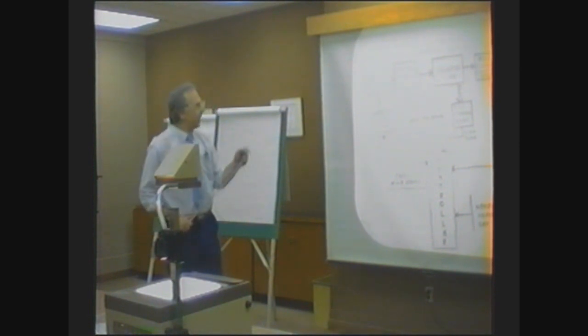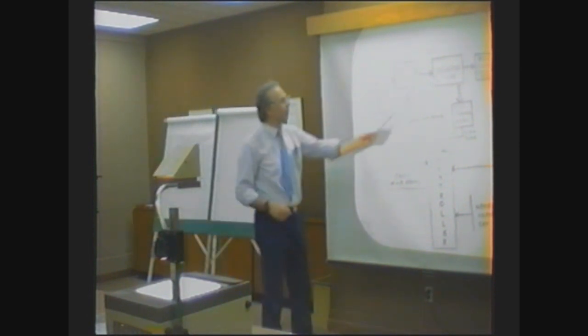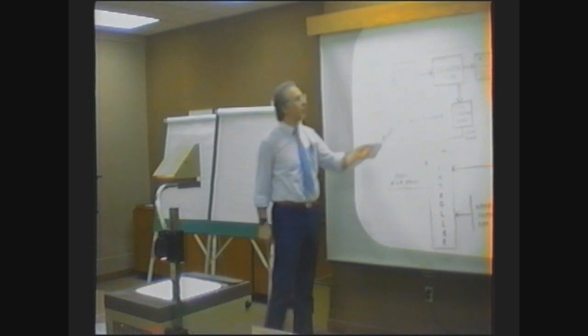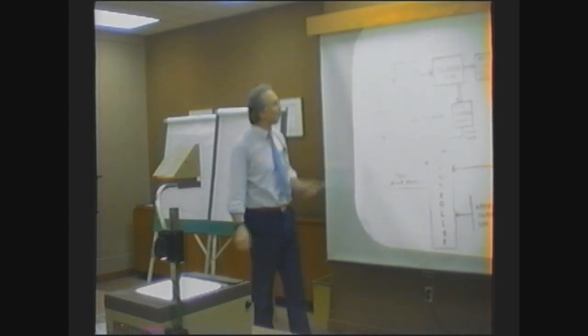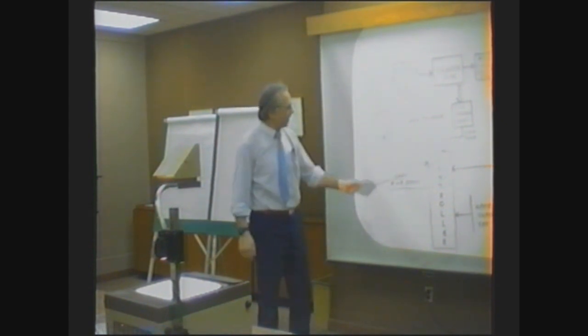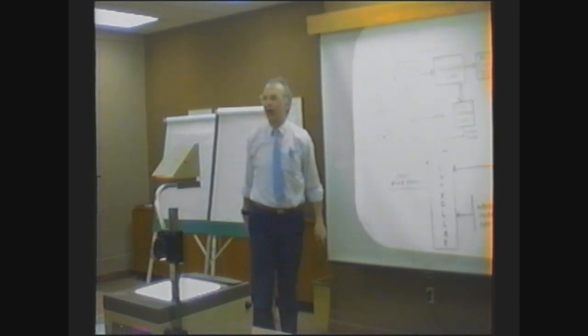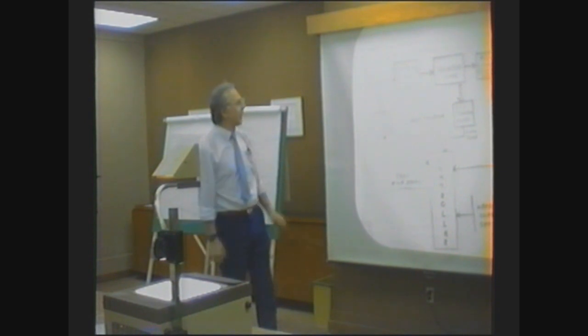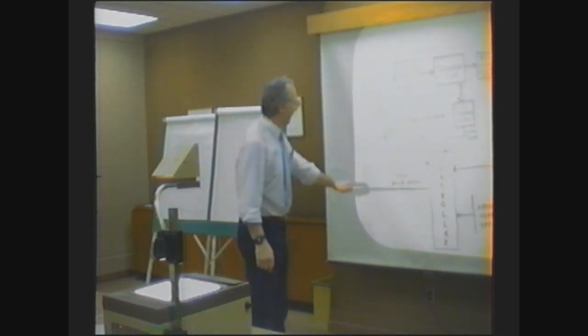Okay, now what we have here. Here is the reactor core, the one I showed you a little while ago. Here is the programming controller, where the algorithm is burned in. Now what happens is the following.